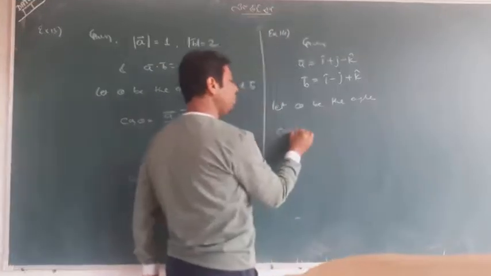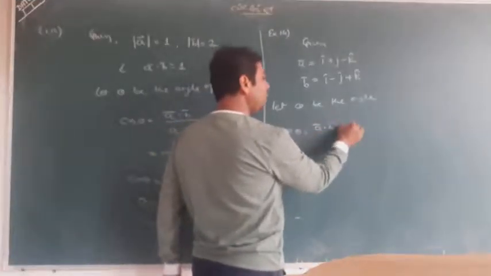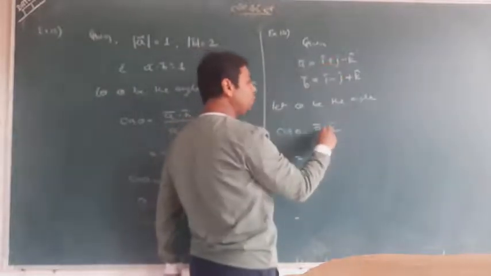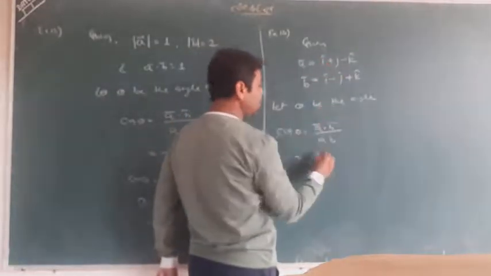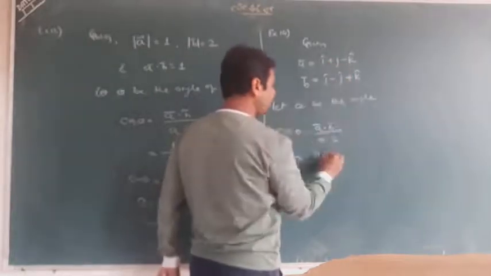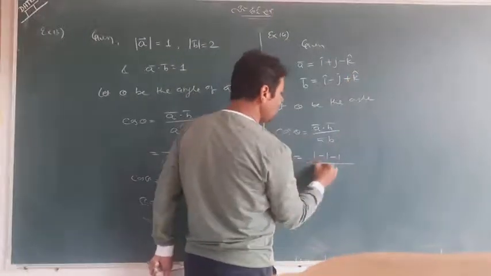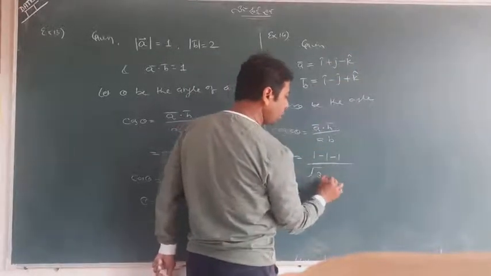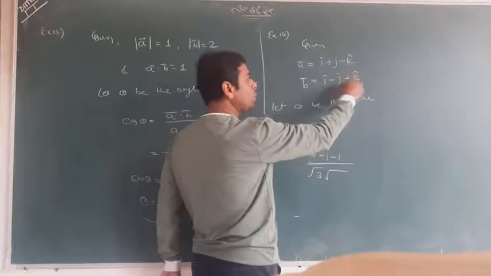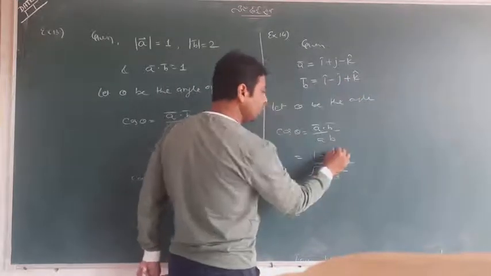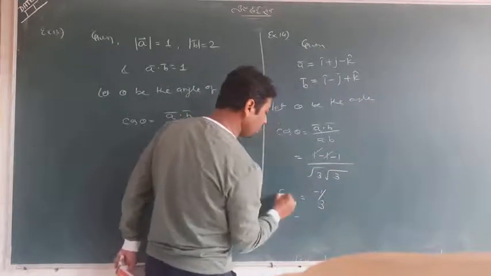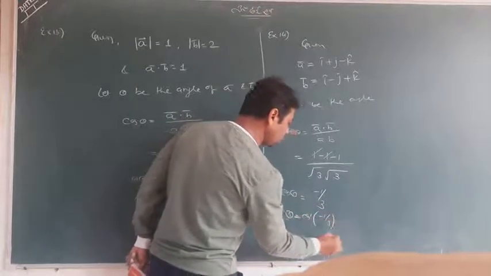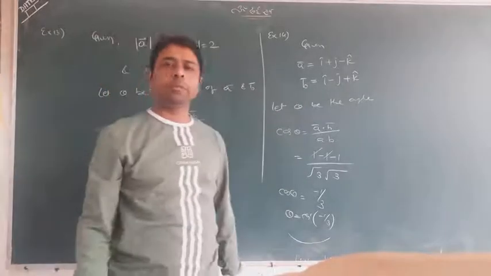So cos theta will be A dot B upon mod A mod B. What is A dot B? 1 one is 1, minus 1, and minus 1, so minus 1. What is mod A? 1 square, 1 square, 1 square is 3. What is mod B? 1 square, minus 1 square, 1 square is 3. So lastly the 3s combine to give 3, so theta is equal to cos inverse of minus 1 by 3. This is the angle between A and B.